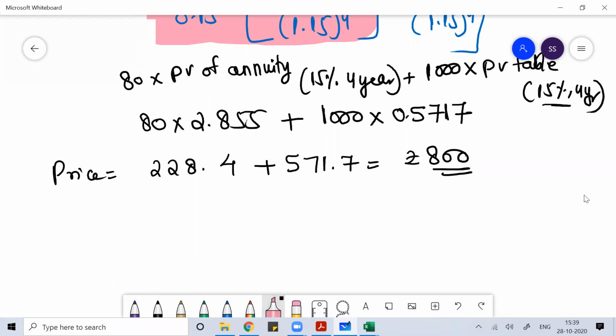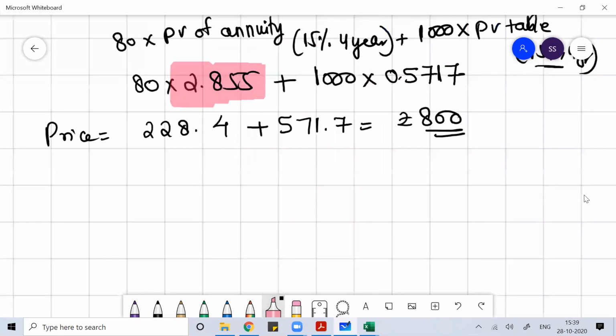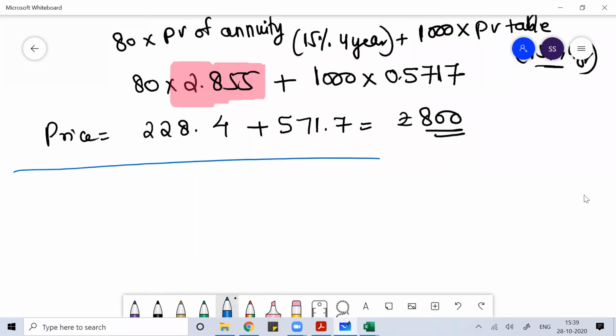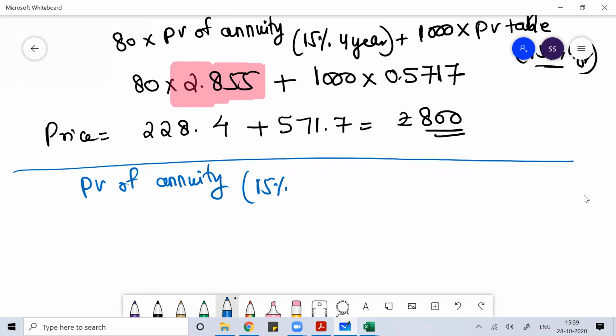In case you have any doubt with this value, how did you get the present value annuity factor for 15% for 4 years? How did you get that value, 2.855?